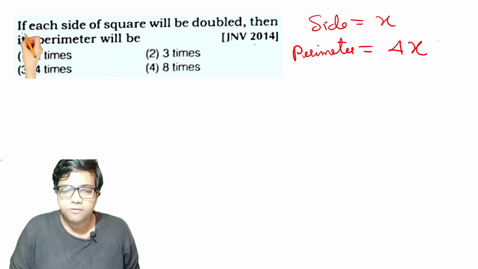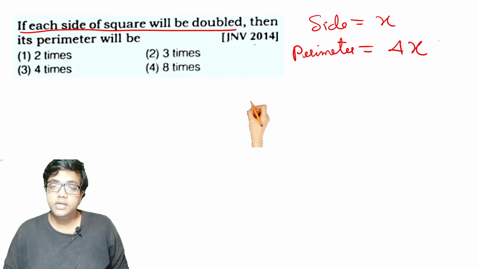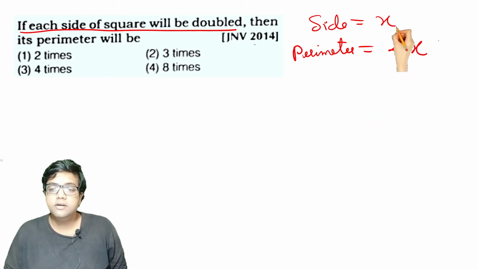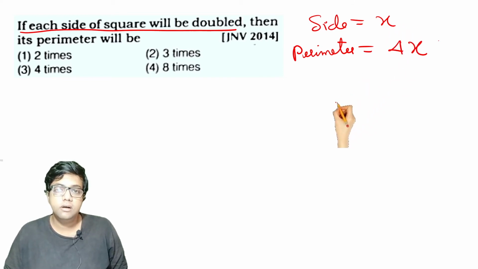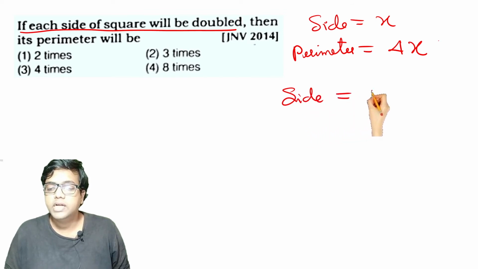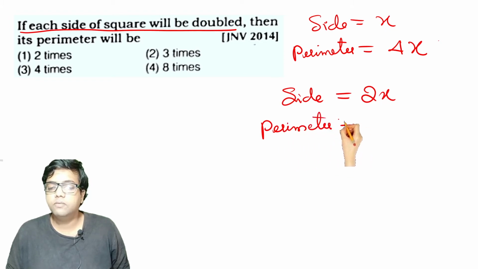What is the question asking? If each side of the square is doubled. Doubled means initially it was x, now it is going to be 2x. Then what will be the new perimeter?